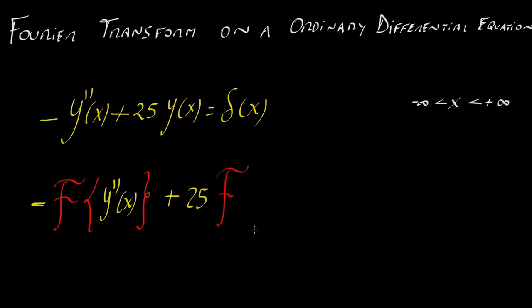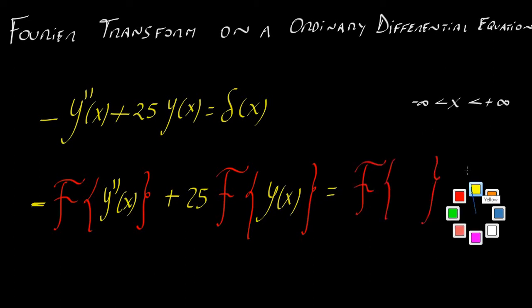I think I said Laplace transform. Okay, Fourier transform of y of x. This is equal to the Fourier transform, I'm using this red color just to show you where I am applying the Fourier transform, of the delta Dirac of x.